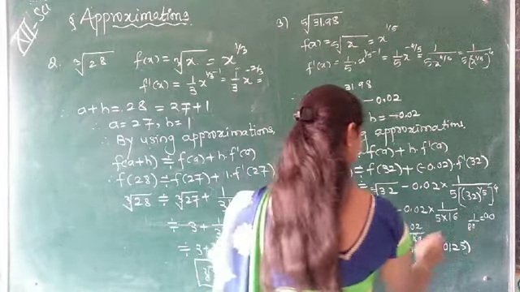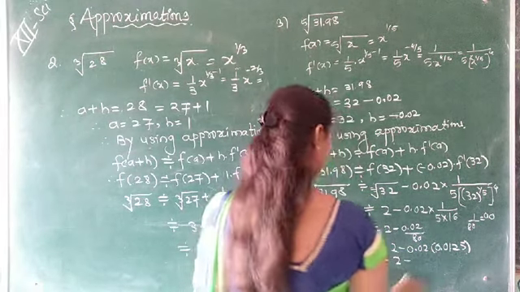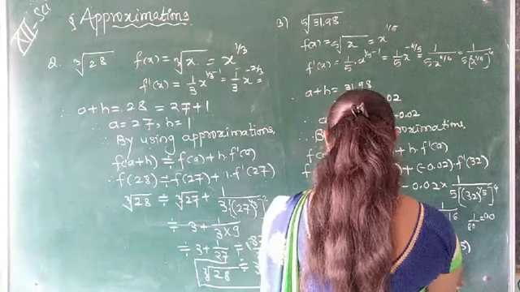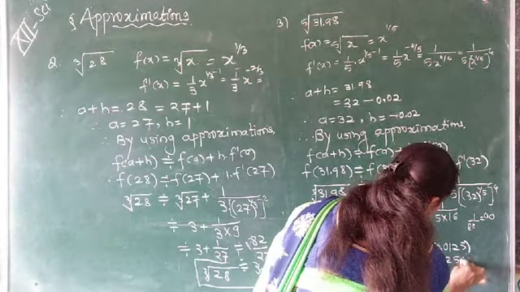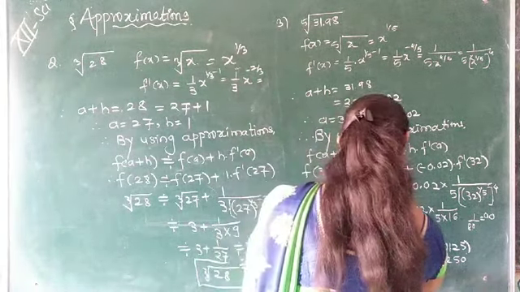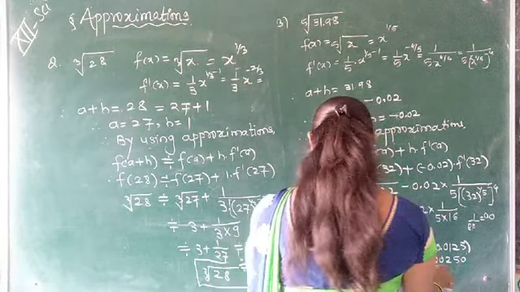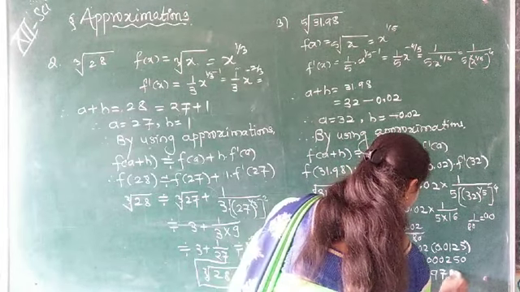The value of 1 upon 80 is 0.0125. Since it is 2 minus, if we take the product of this 0.02 and 0.0125, since it is 0.000250, and if we take simplification, that is 2 minus 0.000250, then we will get 1.99975.